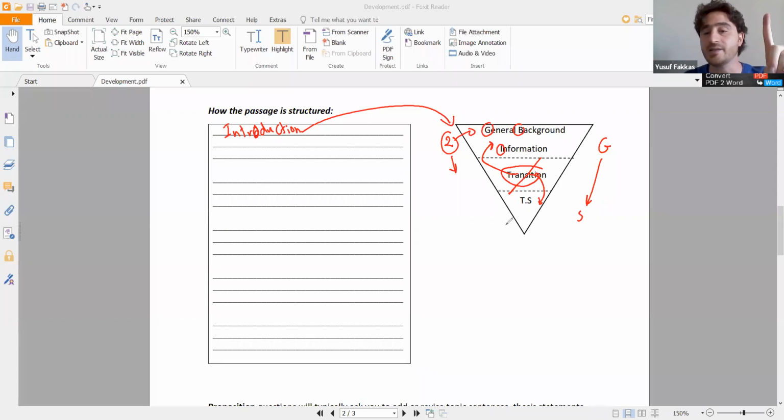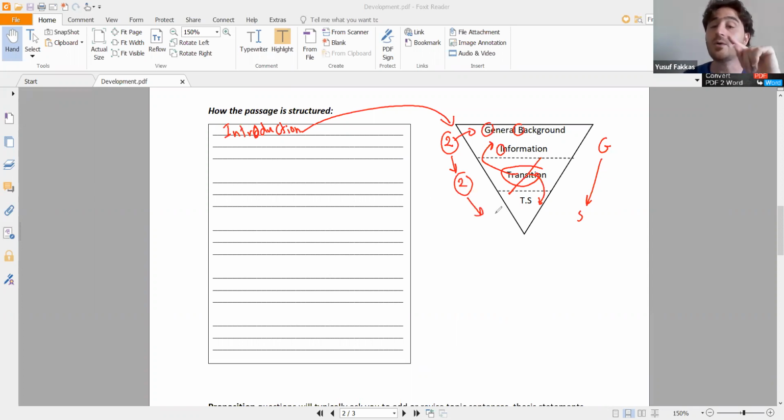So if it's 1 sentence, then the first part of the sentence is related to the general background information, and the second part is for the main idea. If it's 2 sentences, again, the same thing. The first sentence of the transition will be related to the general information. The second one will be related to the main idea.